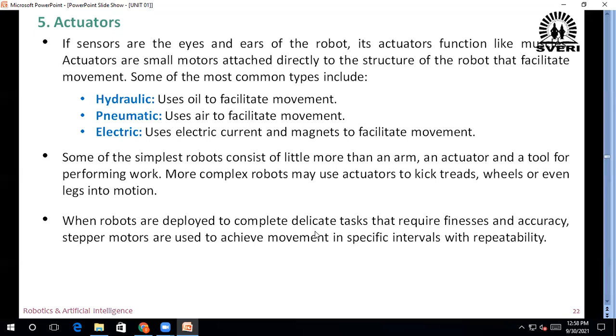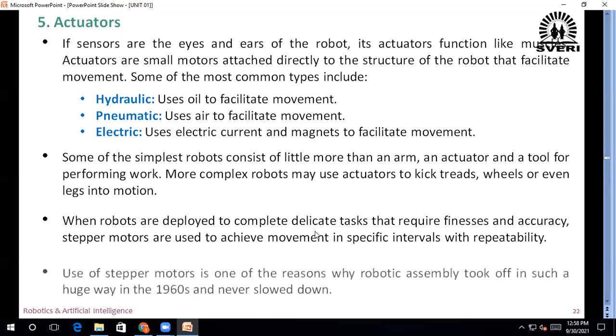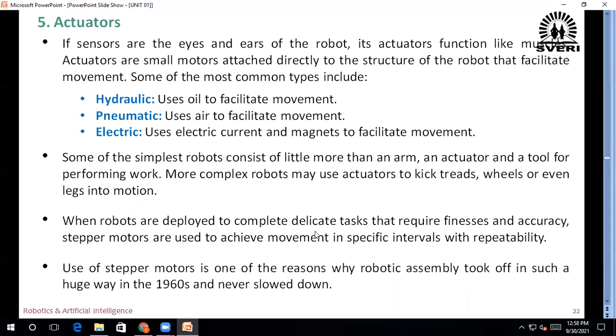When robots are developed to complete delicate tasks that require fineness and accuracy, stepper motors are used to achieve movement in specific intervals with repeatability. Use of stepper motors is one of the reasons why robotic assembly took off in such a huge way in the 1960s and never slowed down.